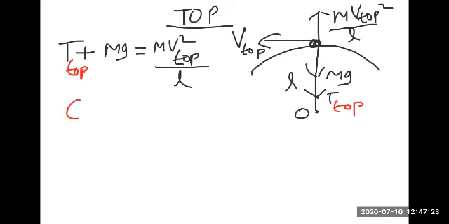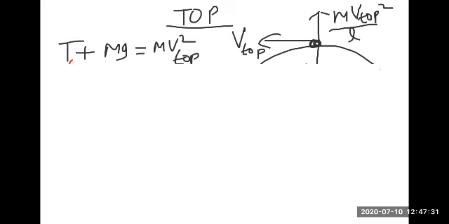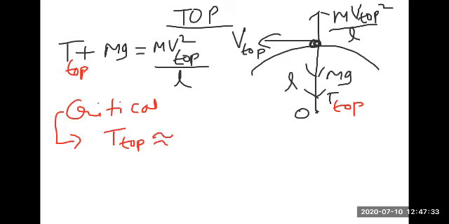During the critical condition, the only assumption we are making is that tension at top is negligible. Negligible means its value I can take as 0, so tension at top is nearly equal to 0. That is the assumption we made in critical conditions: the tension in the string when the object is at the top position is nearly equal to 0.